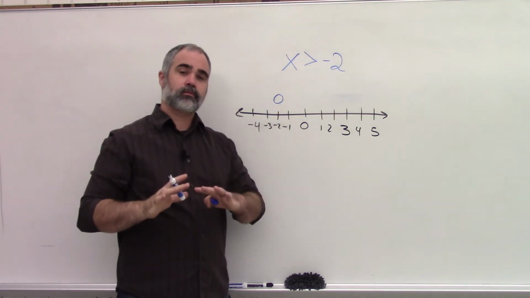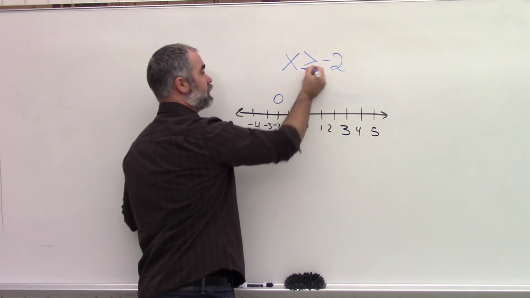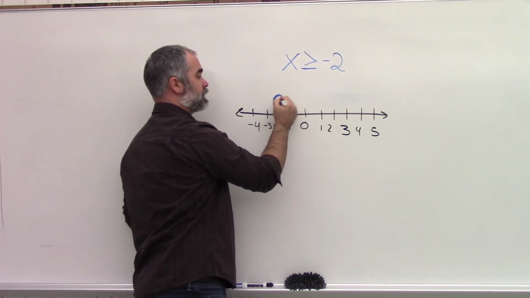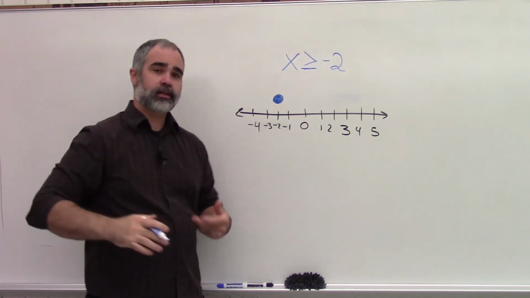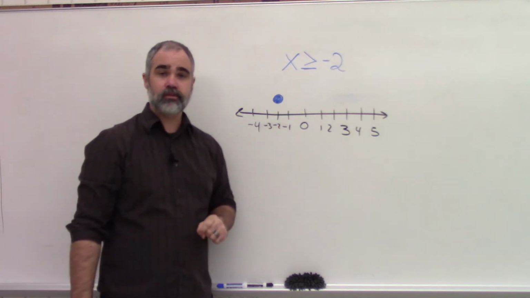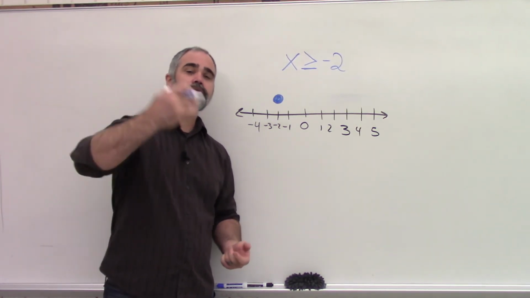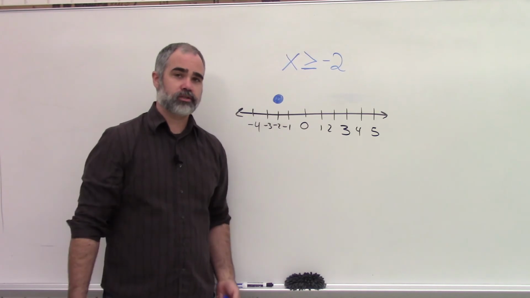However, if you have a filled in line, or if you have a line here, you need to fill in the dot. And the only reason for that is that because it's equal to, it can include the point -2. If it doesn't have an equal sign, it gets close to -2, but never quite reaches it.